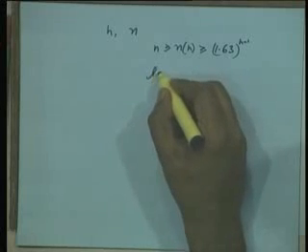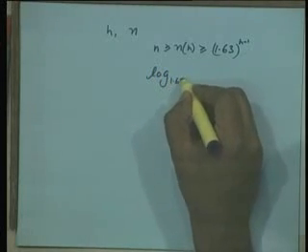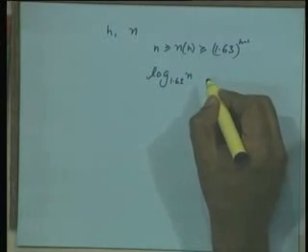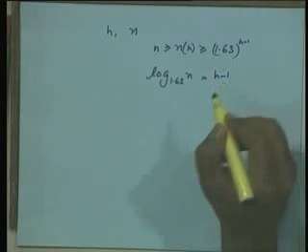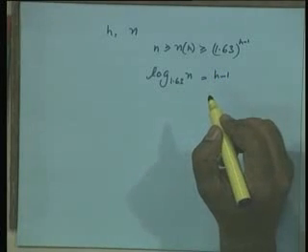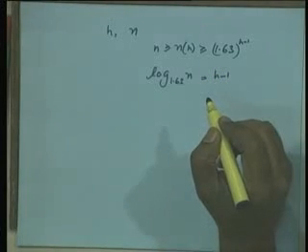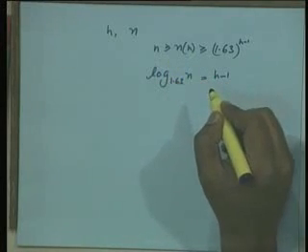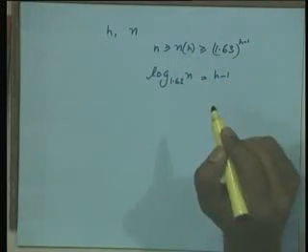Let's take log of both sides. So we get log base 1.63 n equals h minus 1. I'm just using the definition of log. I'm taking log to the base 1.63, so I'll get this.